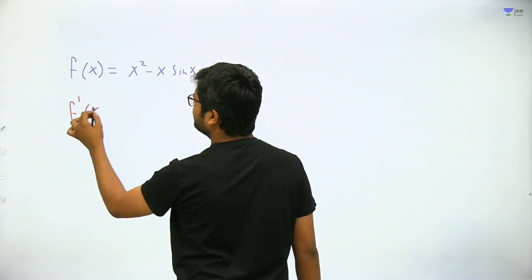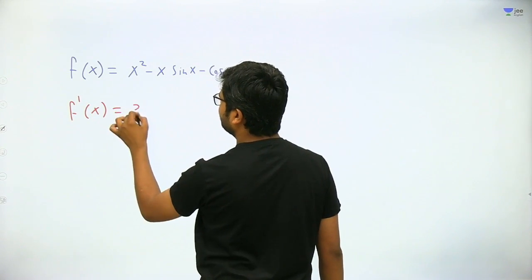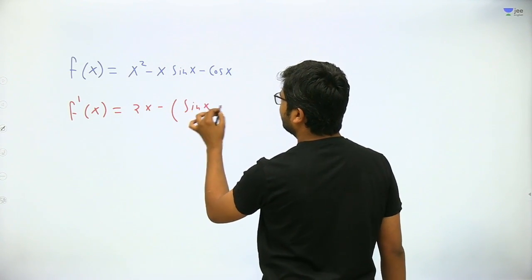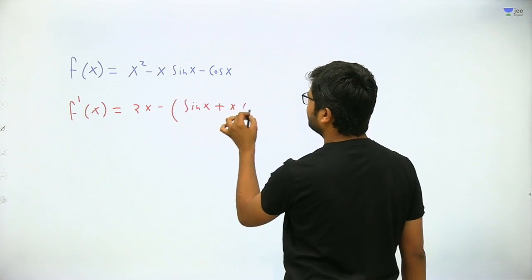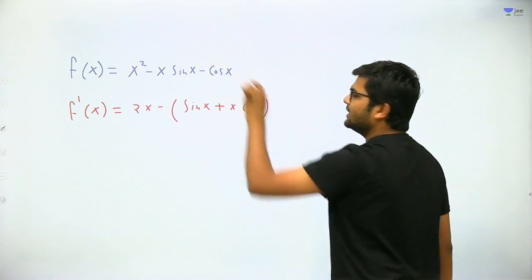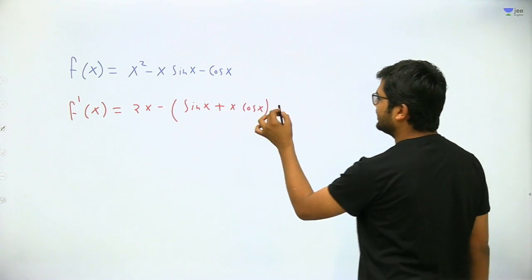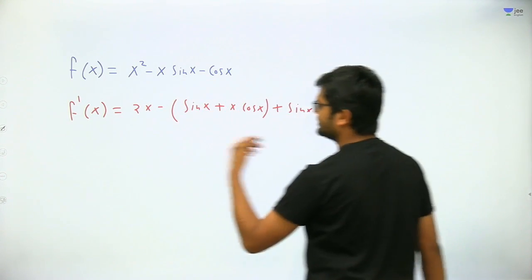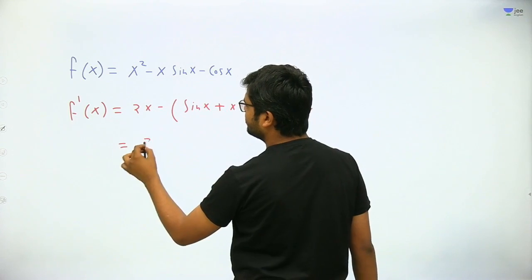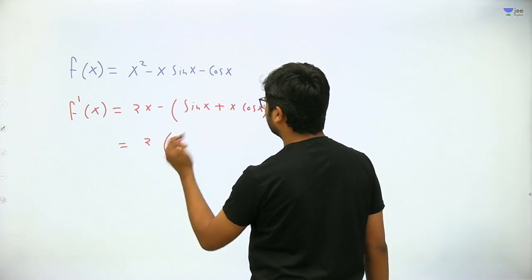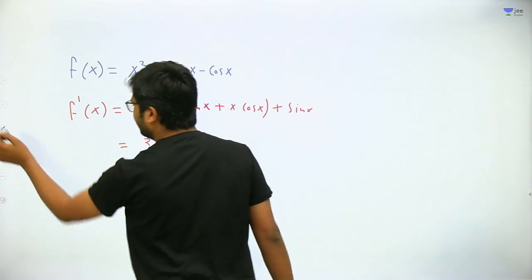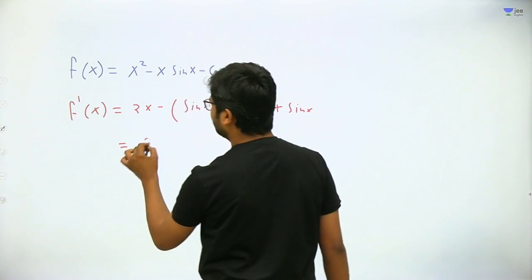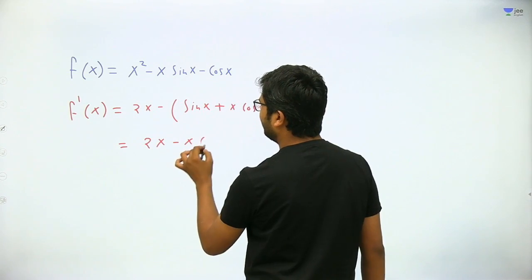f dash x will come out to be 2x minus the derivative of x, which is 1, so sin x plus x as it is, and the derivative of sin x is cos x, and the derivative of minus cos x will be minus sin x, so it will be plus sin x. After simplification, sin x gets cancelled, so it can be written as 2x minus x cos x.